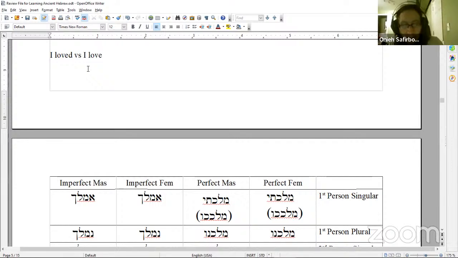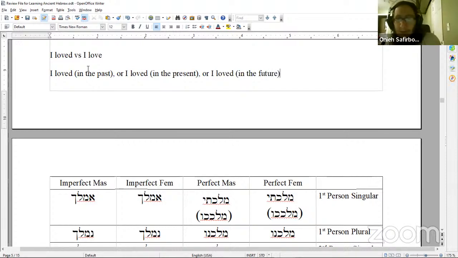So in Hebrew, the way it works is you can say I loved in the past, or I loved in the present, or I loved in the future. And likewise, you can say I love in the past, or I love in the present, or I love in the future.